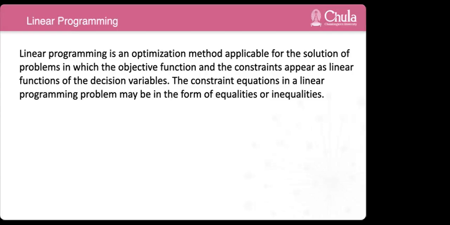When you have integer, for MILP, mixed integer linear programming, you need special treatment. But what we're going to learn first is linear programming only, a general case where we deal with real decision variables. Decision variables are real numbers.